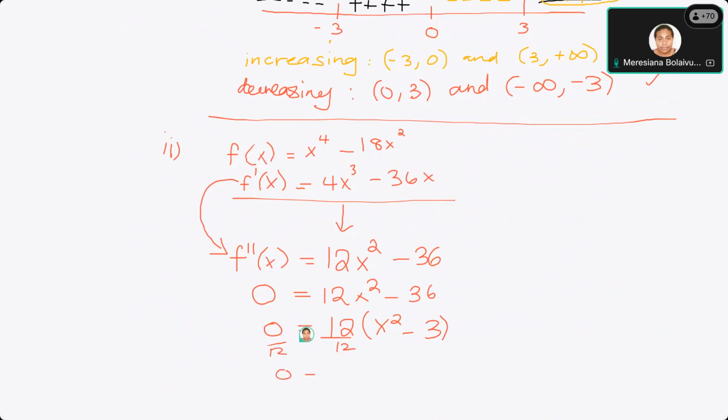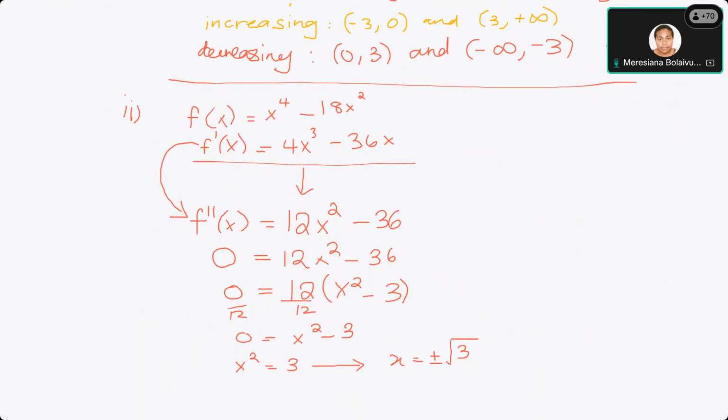So 0 is equal to x squared minus 3. If you solve this further, x squared is equal to positive 3. Take the square root, so x is equal to positive and negative square root 3. All set? Any questions?